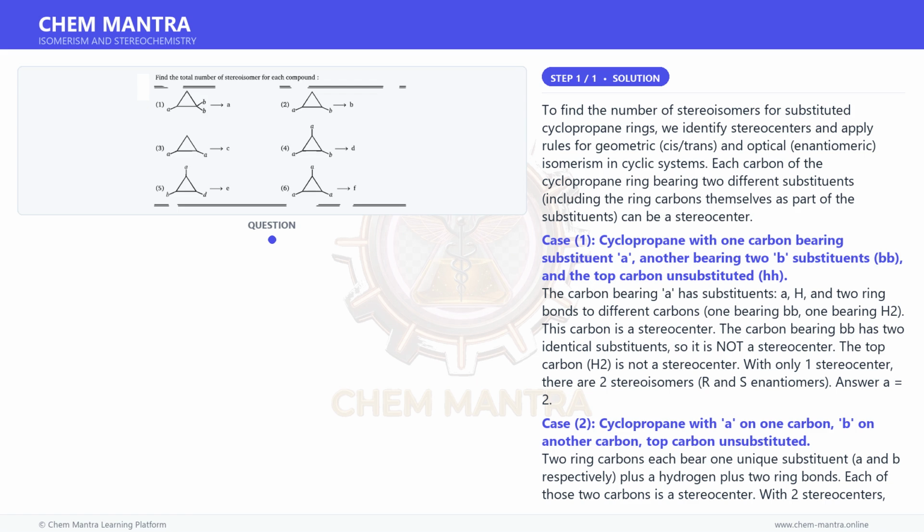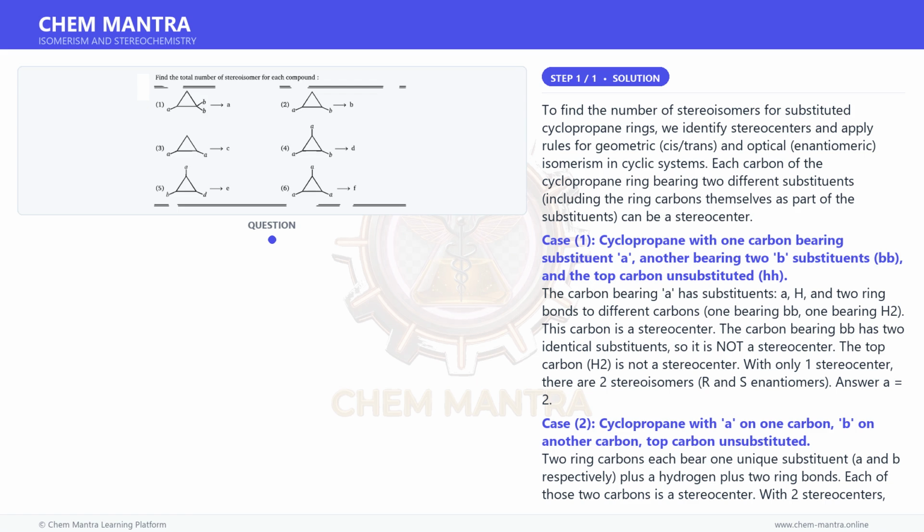Case 2: cyclopropane with A on one carbon, B on another carbon, top carbon unsubstituted. Two ring carbons each bear one unique substituent, A and B respectively, plus a hydrogen plus two ring bonds. Each of those two carbons is a stereocenter. With two stereocenters, the maximum is 2^2 = 4.